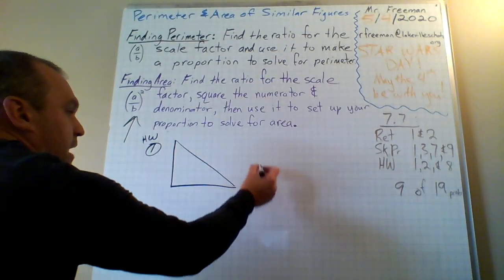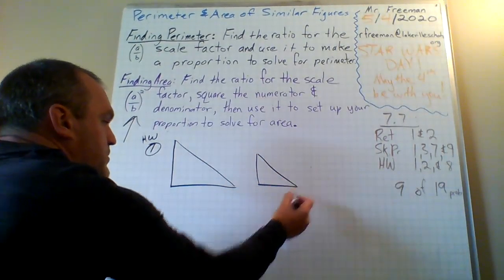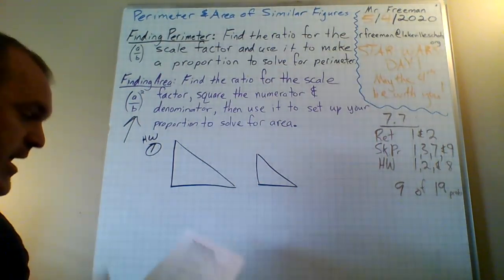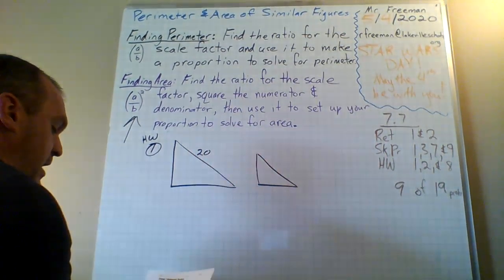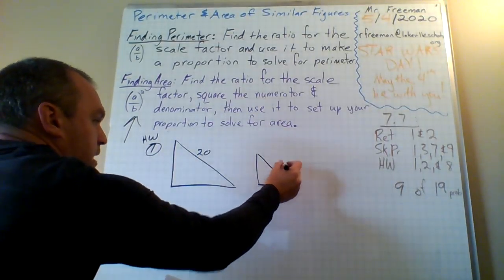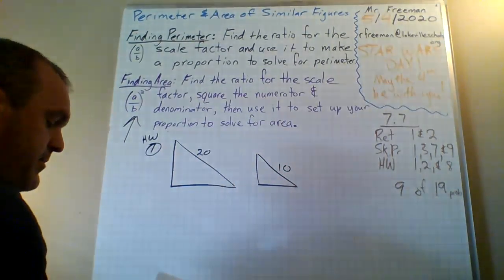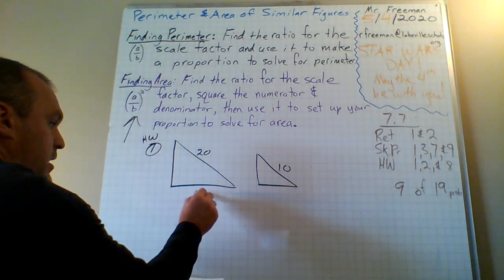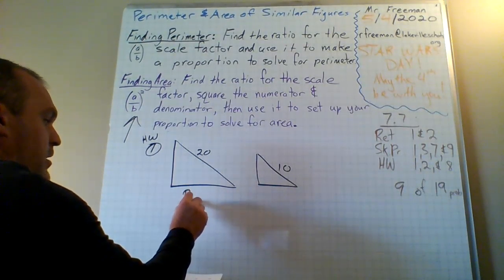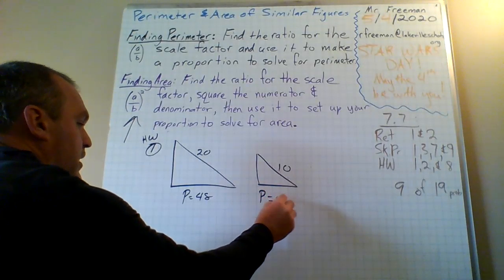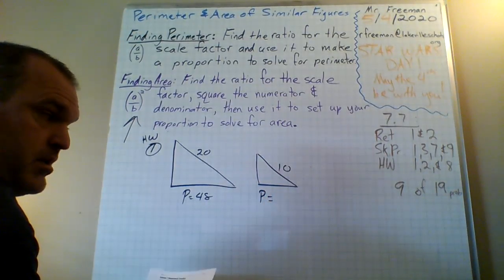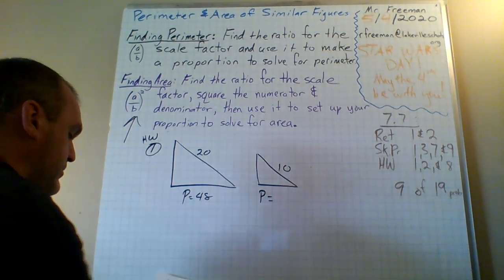So we have two triangles that they drew for us on number 1 of the homework practice. Okay, they give 20 for this length and 10 for this, which is nice because 10 is half of 20, right? Okay, so if this is 48 for the perimeter, if 10 is half of 20, this perimeter should be, what's half of 48?